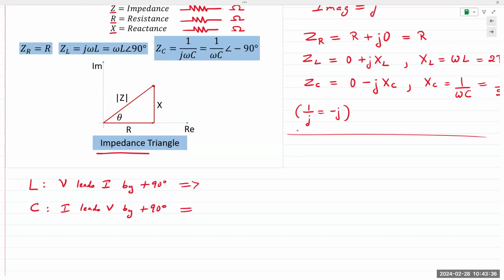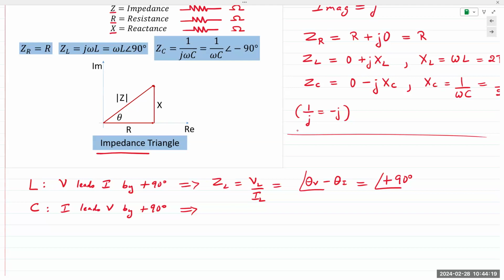So for an inductor, if you're performing the mathematical operation for impedance, again, similar to resistance, if we apply Ohm's law, we can write ZL is equal to VL over IL, which gives you theta V minus theta I, which gives you plus 90 degrees.